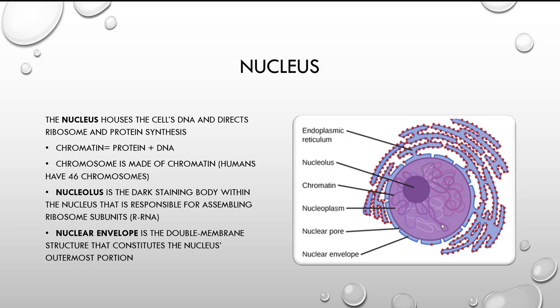Now, when we look inside of our nucleus, we can see the DNA. Now, DNA, it's not just DNA. It's wound into chromatin. So chromatin is DNA plus protein, okay? It's just because the DNA is really, really long.